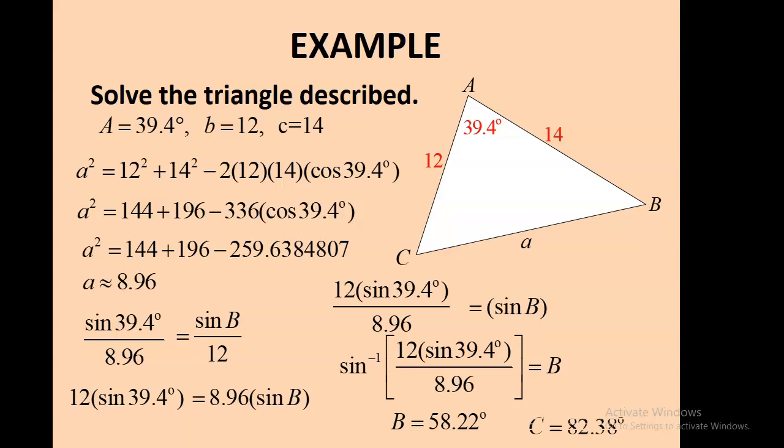So we would piece that into our triangle here, and once we do that, we add those two together and subtract from 180, and we find that angle C is 82.38 degrees.